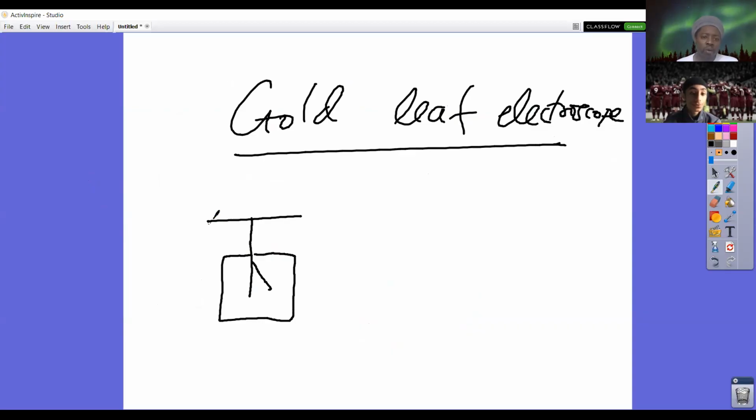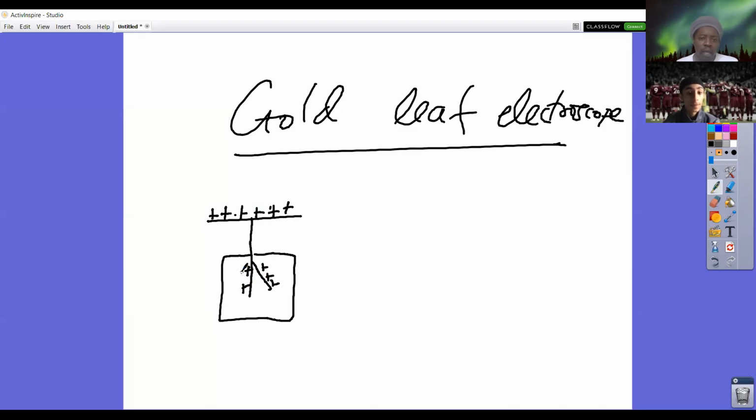You can charge these gold leaves. So imagine I charged it and made it positively charged, so all this is positive. Now, the leaf here has separated away from the stem because they're all positively charged.